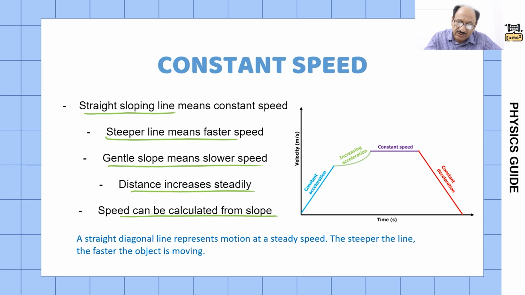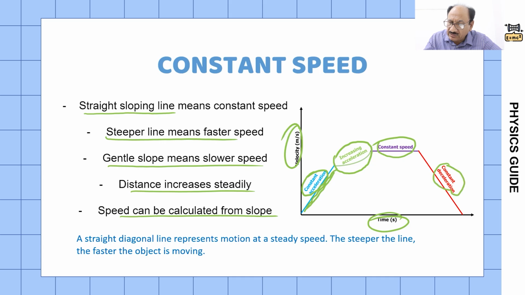In case of a velocity time graph, we need to understand this as well: constant acceleration is shown if the line is a straight line, and if it is curving like this one, it will be increasing acceleration, and this will be the constant speed, and this will be representing constant deceleration.